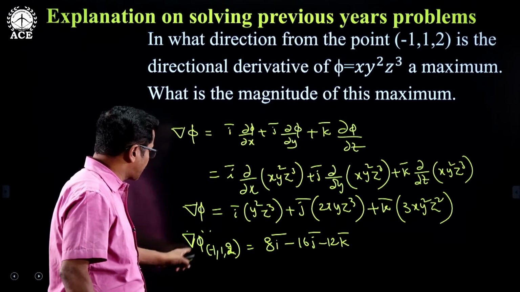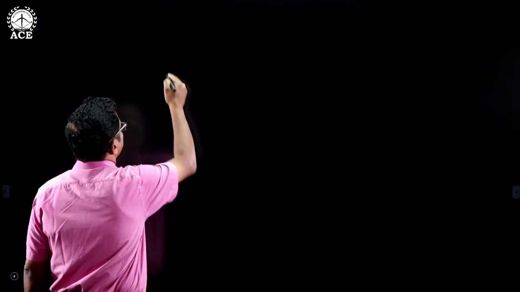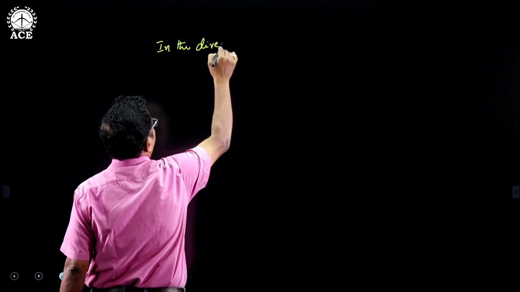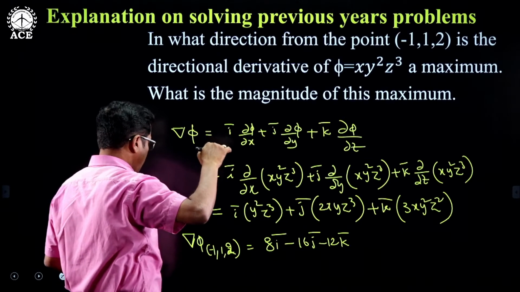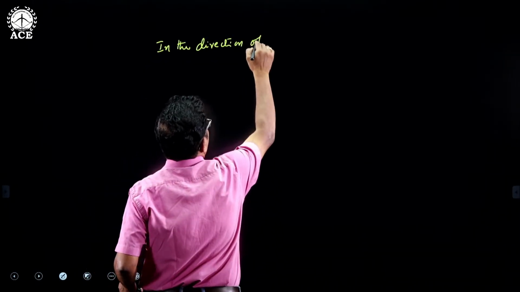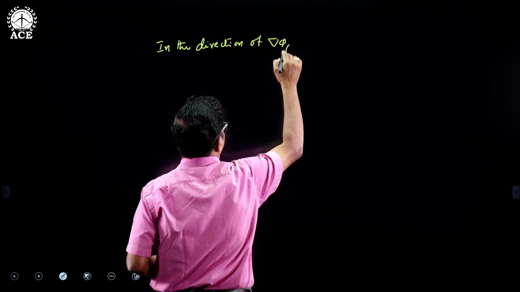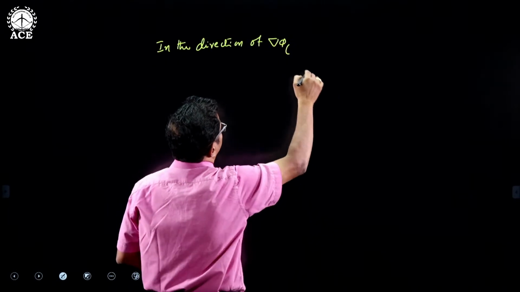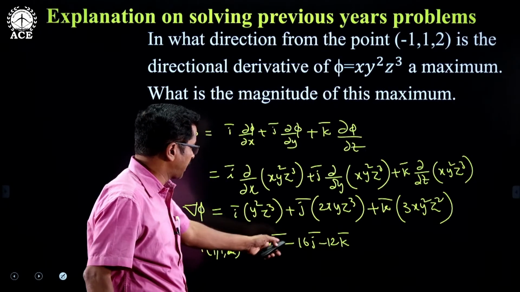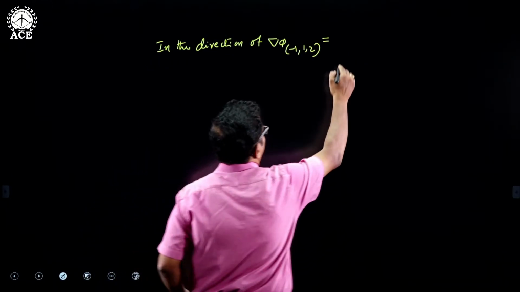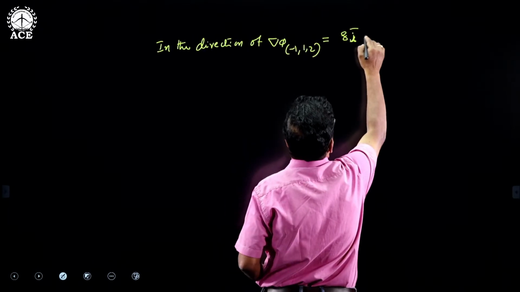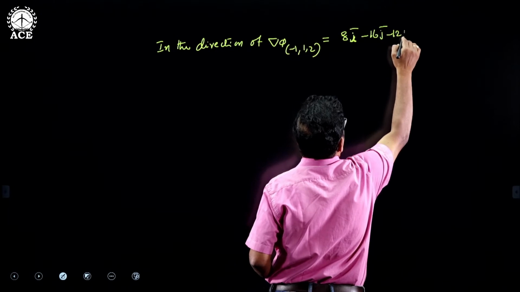Okay, so in the direction of, in what direction means? In the direction of del phi at the point minus 1 comma 1 comma 2, that is 8 i bar minus 16 j bar minus 12 k bar.